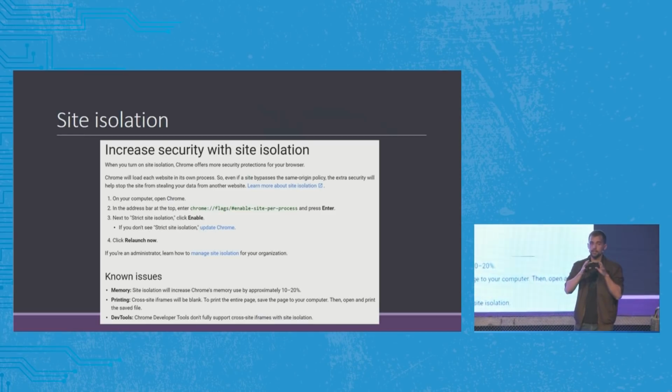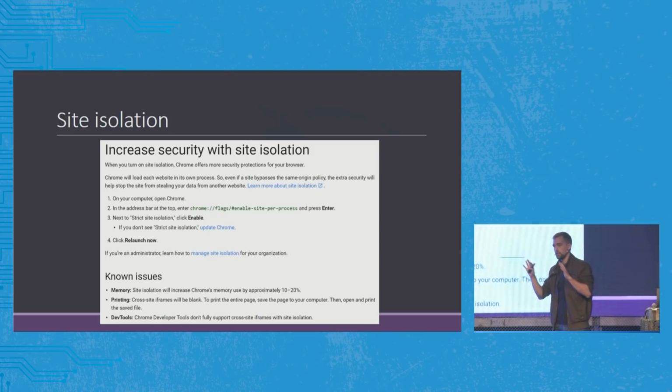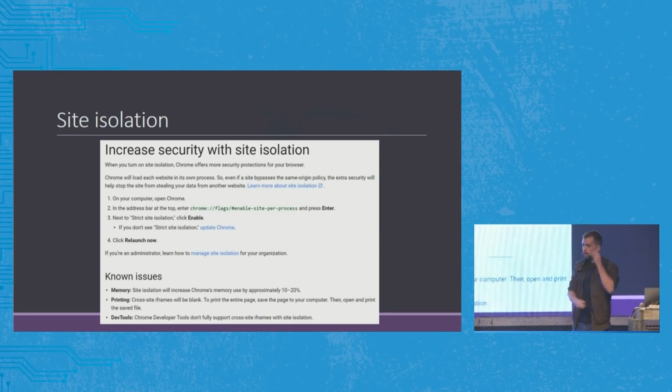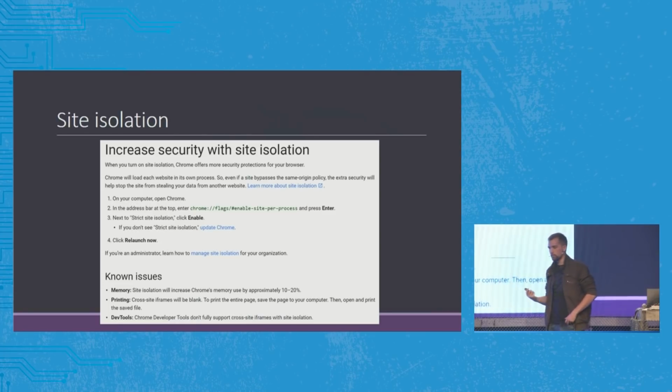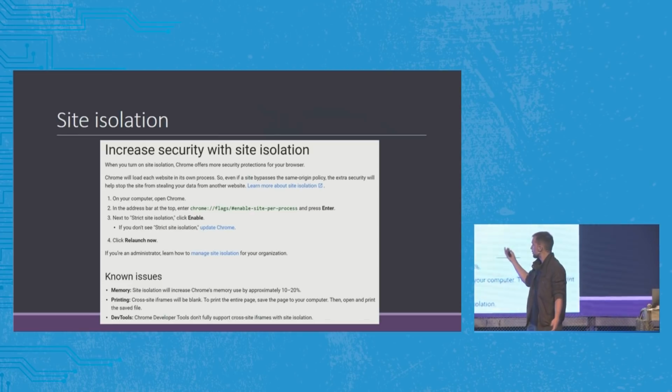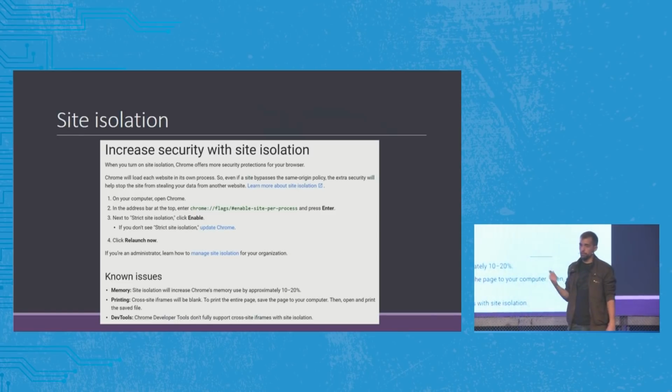And so even iframes would be isolated in separate processes, which obviously is where everyone wants to be in the browser space. The problem is, as it says here, you have a 10 to 20% overhead in certain scenarios, which is not necessarily acceptable for everyone, especially in mobile browsing, which is the bulk of the market these days. So this is something that they are working on and doing a great job, but we're not quite there yet.